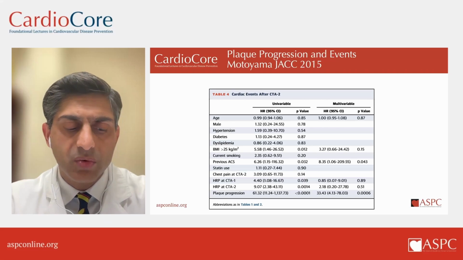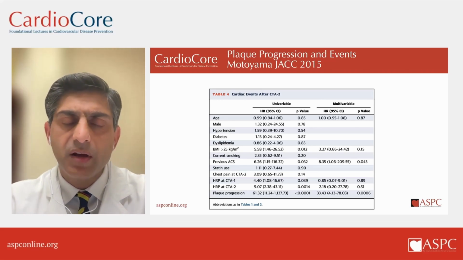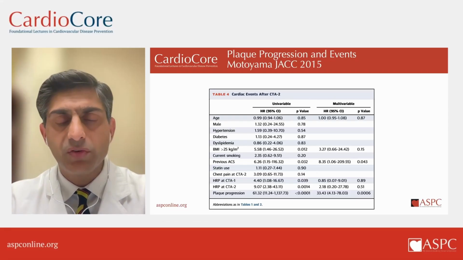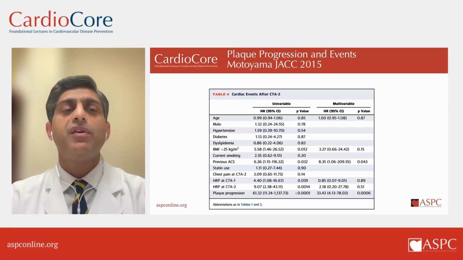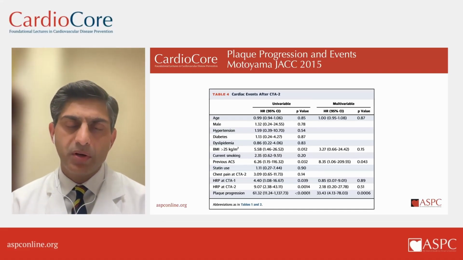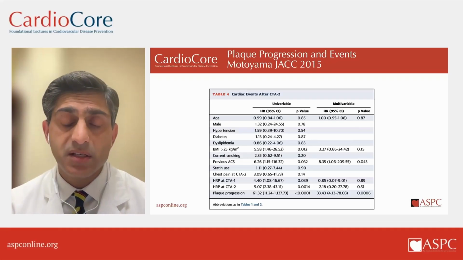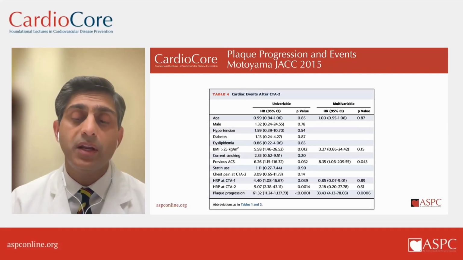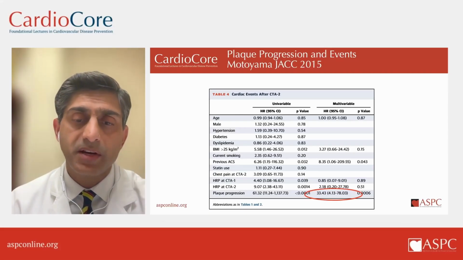It has clearly been shown that people that have high-risk plaque features have up to 12-fold increased risk of acute coronary syndromes. So I do feel that when we're seeing patients, the fact that we can truly personalize their therapy depending on what, for example, a CCTA shows, is really going to change the whole approach to cardiovascular medicine.